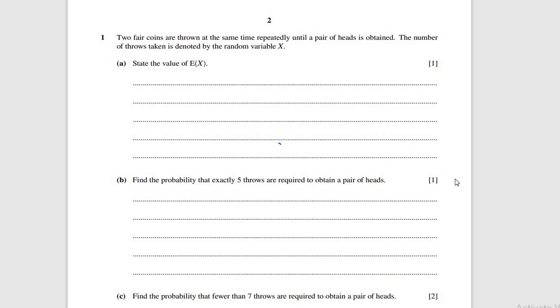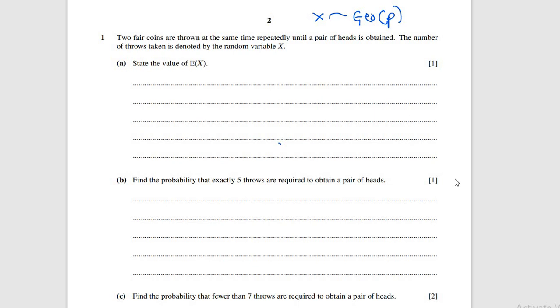They keep throwing this coin until a pair of heads is obtained, which means it's going to follow geometric progression. When you keep doing the same thing until you have achieved a particular result, that's geometric progression.